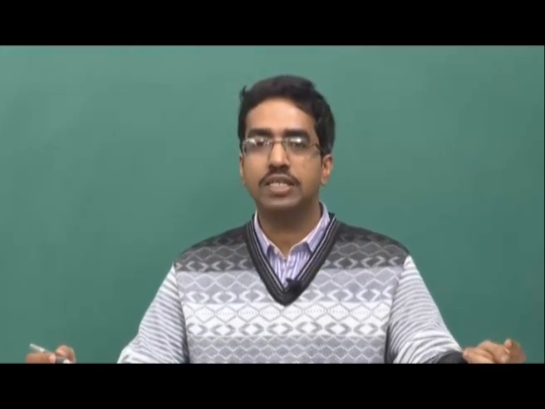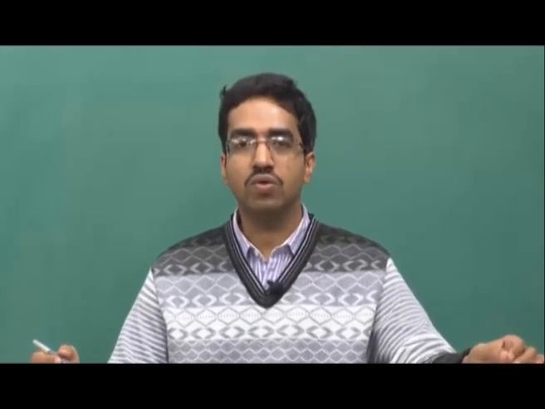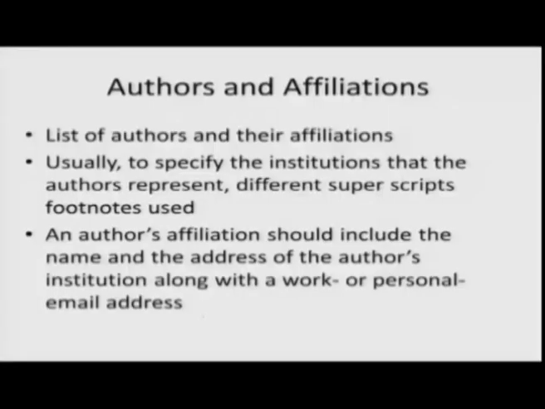The second part is information about authors and affiliations. So, what does this include? In a dissertation, you are the sole author and you include details of your supervisor, your doctoral advisor, but a research paper may have many authors.